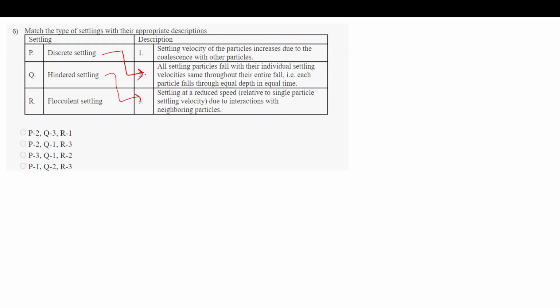Flocculent settling, where settling velocity increases due to collisions of other particles, right? Because here bigger particles are formed, which causes the particle terminal settling velocity to increase. Yeah, so the option is P2, Q3, and R1.